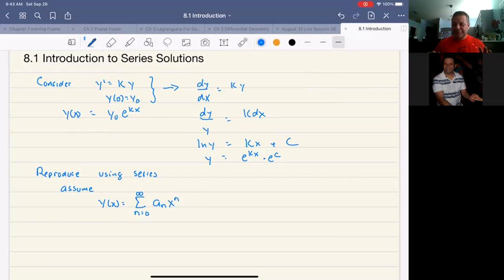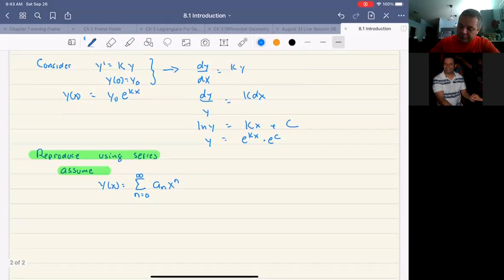So what do I mean by that? If y equals the sum of a sub n x to the n, that means y prime of x equals the sum, n goes from 0 to infinity, of a sub n times n x to the n minus 1.